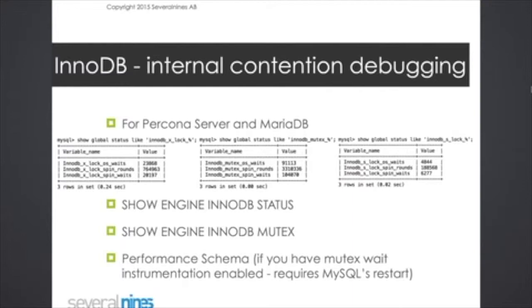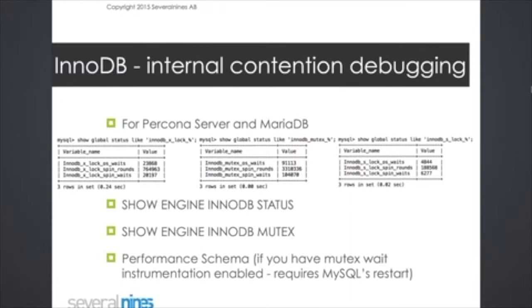Well, for Percona Server and MariaDB, there are status counters that are available, and we can take a look at them. There is the SHOW ENGINE INNODB STATUS command, which gives us the nice status of the overall state of InnoDB, and among others, the internal contention.